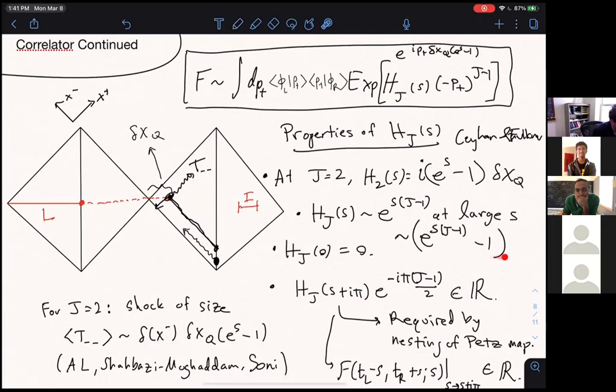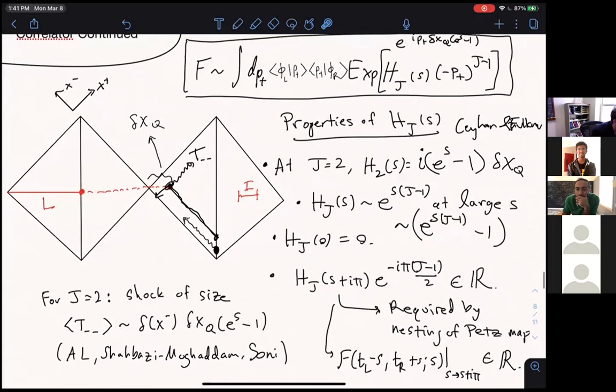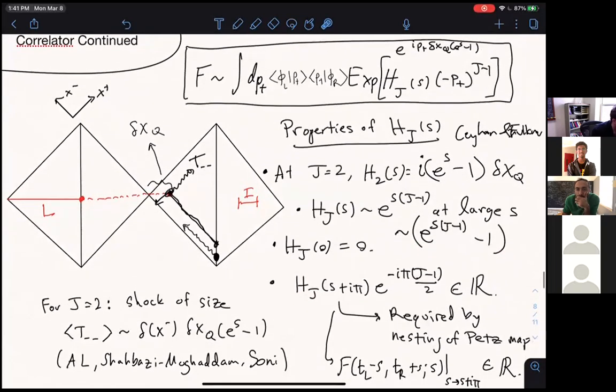That can't be true because there's a reality condition on h sub j, which is imposed by the requirement that this correlation function, one can prove, needs to be real along this imaginary line in the s-plane. If you're interested in that, I can explain why, but just trust me that there's a reality condition which is imposed by causality.